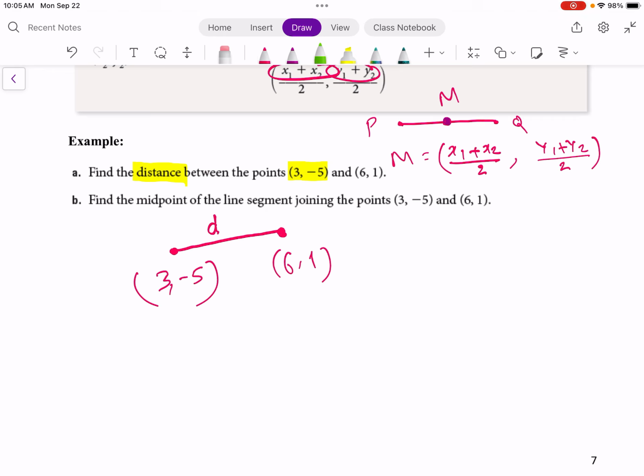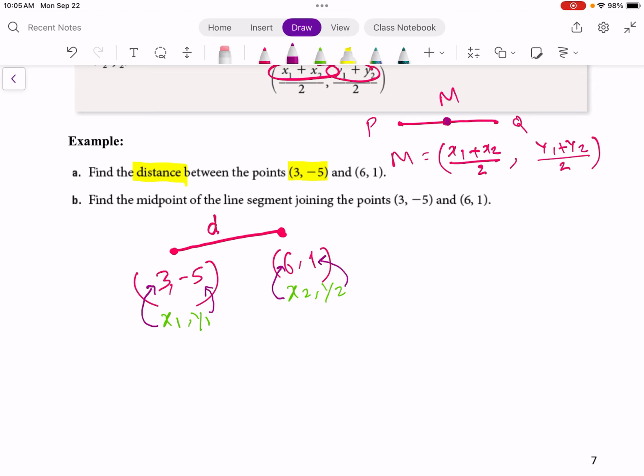For that, let's call our first point (x1, y1) and the second point (x2, y2). If you compare, our x1 is 3, y1 is -5, x2 is 6, y2 is 1.